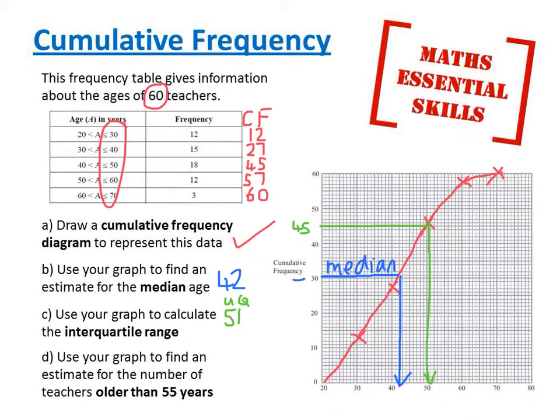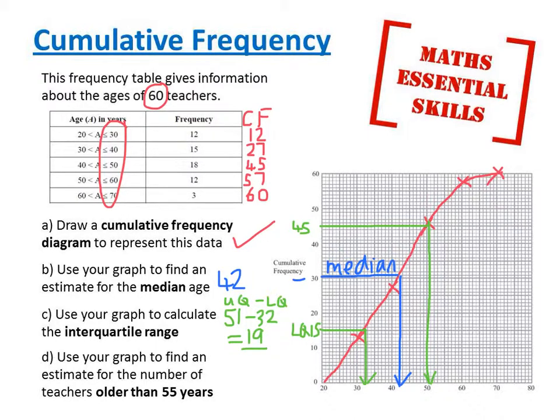I then would do the lower quartile, which is halfway between 0 and 30. My lower quartile is 15. The 15th value, so I go across and down, and this gives me an answer of 32. And 51 take away 32 gives me an interquartile range of 19.